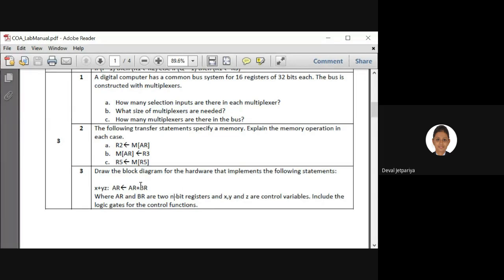Whatever is the content of AR, you give to that adder, as well as the content of BR. And after the adder, the answer you need to store again in AR, right?